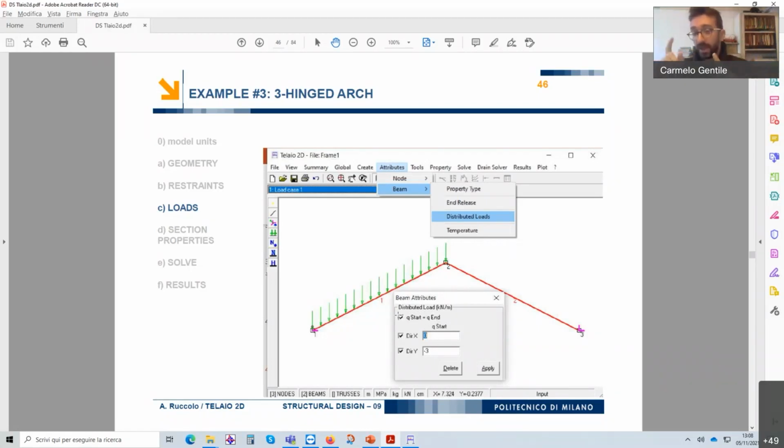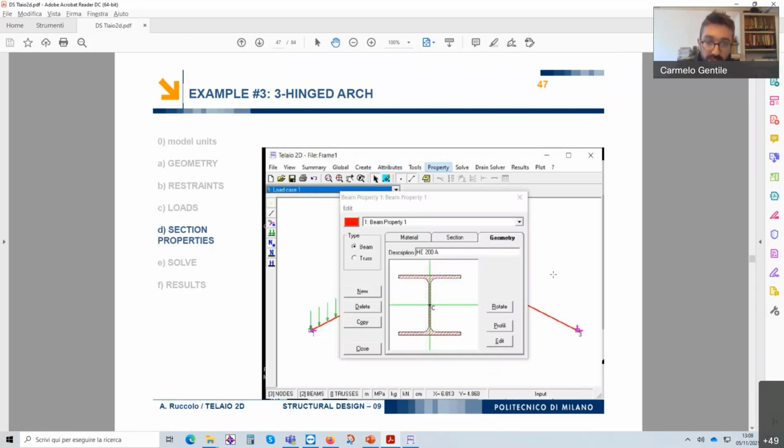It will ask for the Q at the beginning and the Q at the end. Two more boxes will appear, where you can select the final value of the X load and the final value of the Y load. Easy peasy.